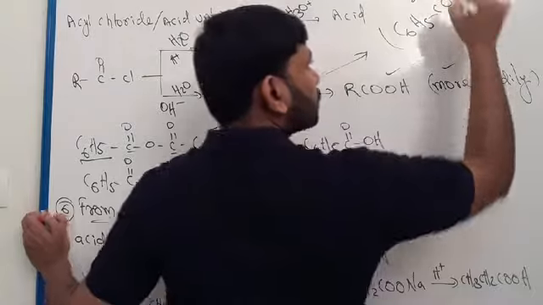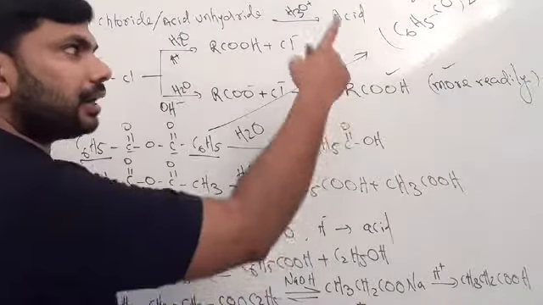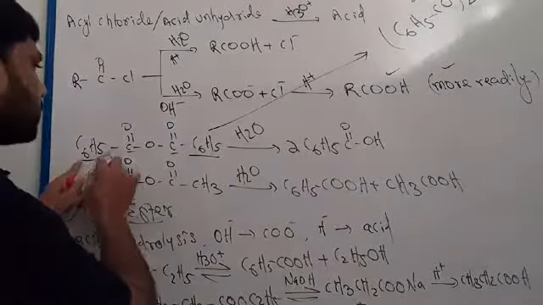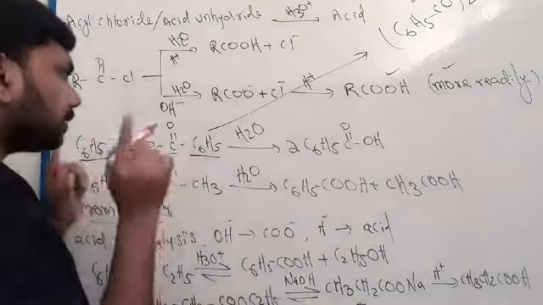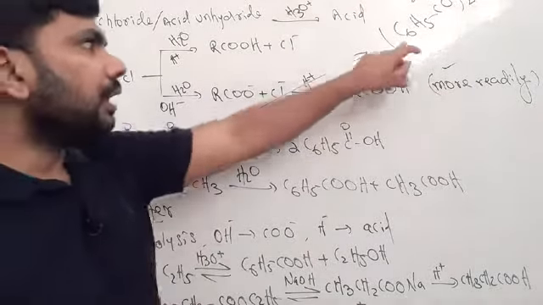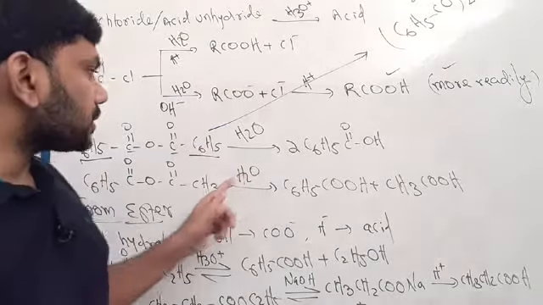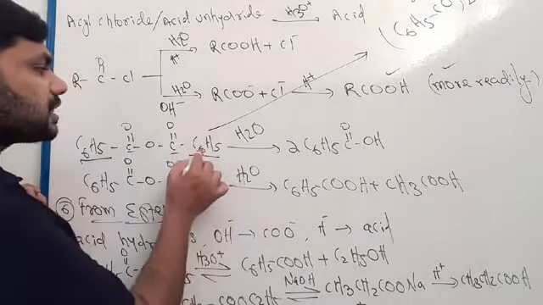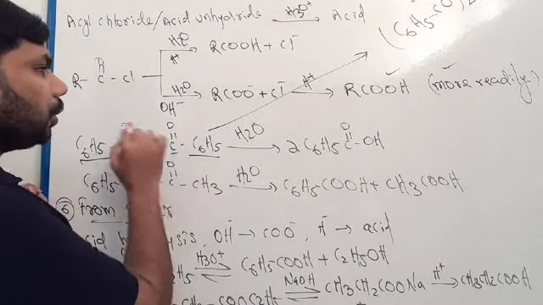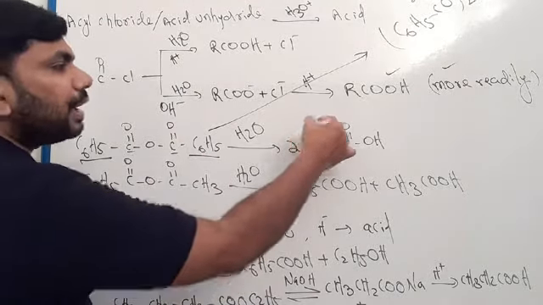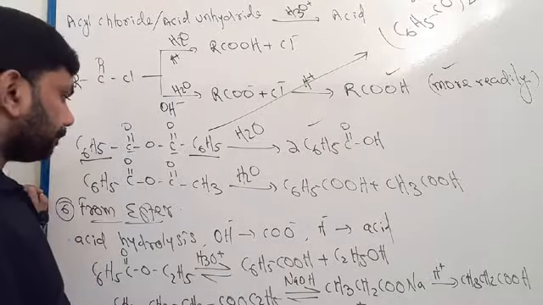So we can also write acid anhydride this way. This compound, after hydrolysis, produces 2 molecules of C6H5COOH, 2 molecules of benzoic acid.